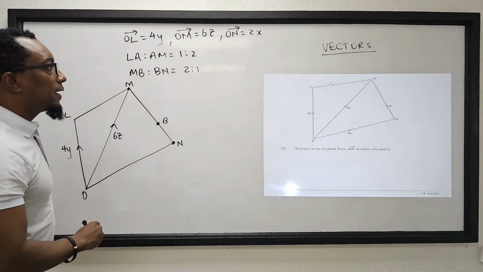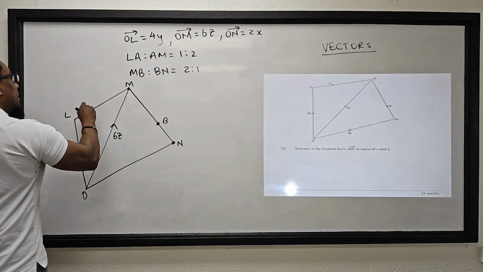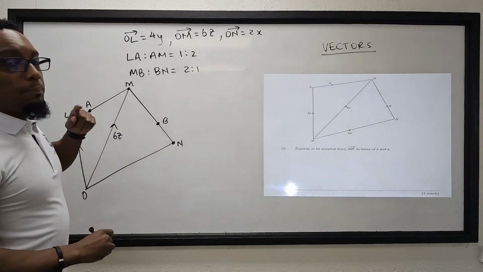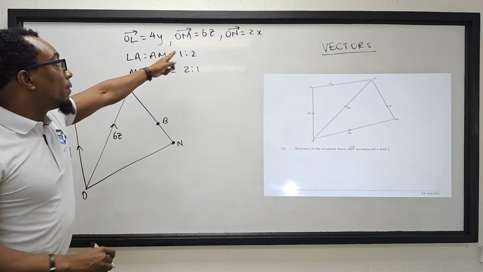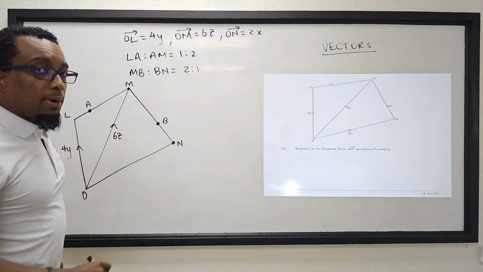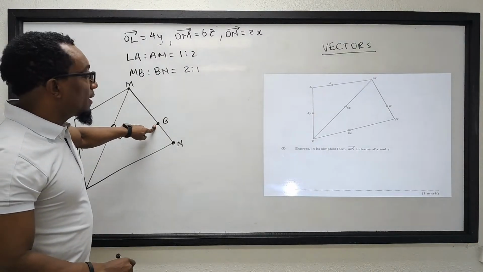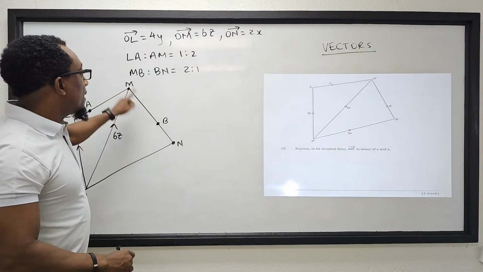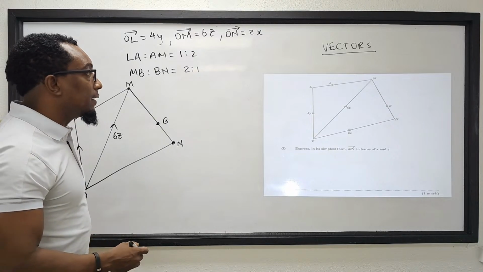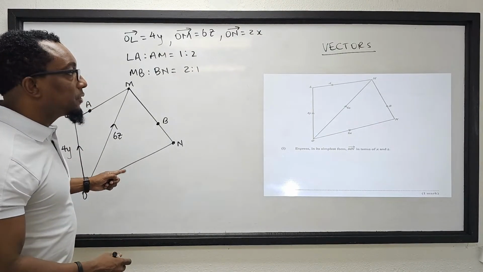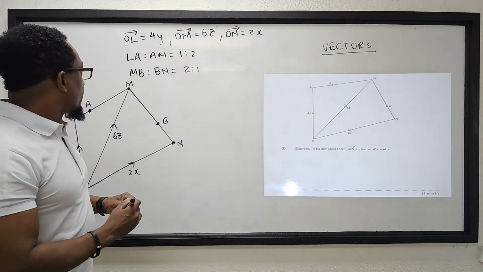We have vector LM, and A placed on LM such that LA to AM is 1 to 2, and you want to understand what 1 to 2 means. And B is placed on MN such that MB to BN is 2 to 1. You want to understand what that means as well. Let's make sure we have all the information. Vector ON has magnitude 2x.